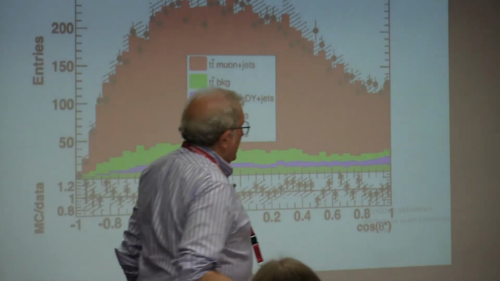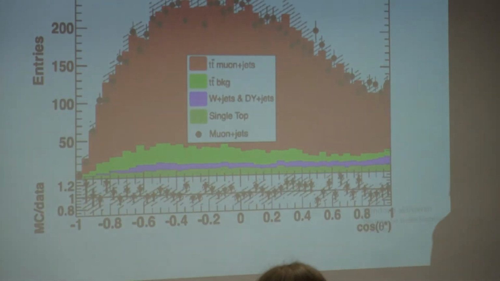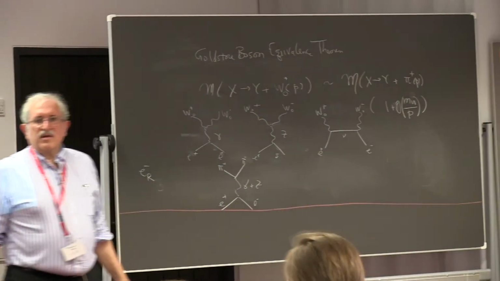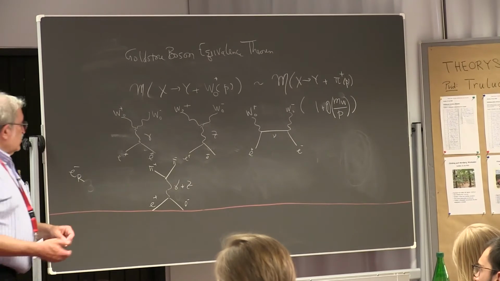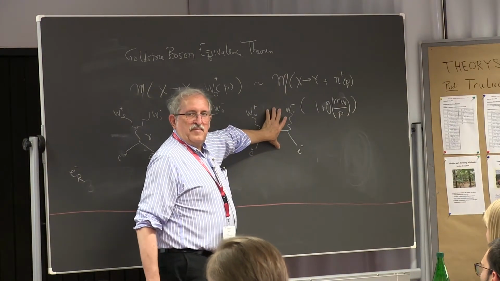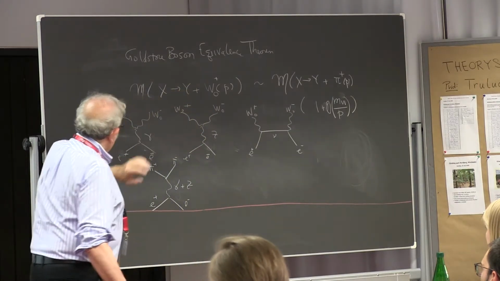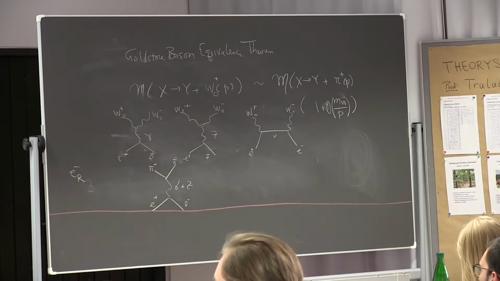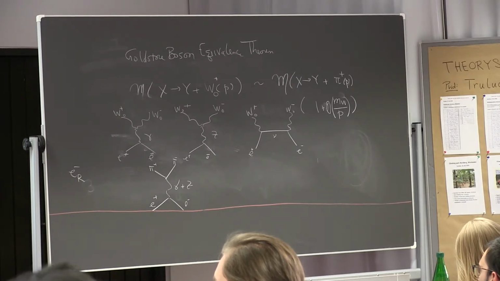It's easiest, maybe, to look at right-handed electrons first. Because right-handed electrons don't couple to neutrinos, so we don't have to worry about this diagram. We only have to worry about these two diagrams, and they're basically of the same structure. And what happens in those diagrams can be described relatively simply.